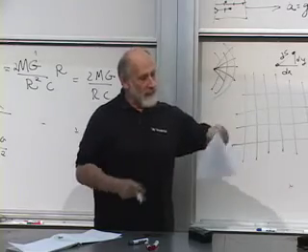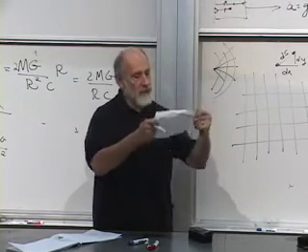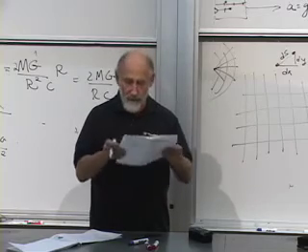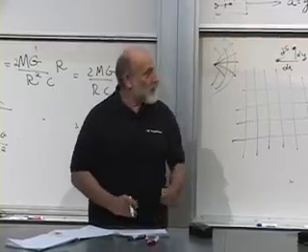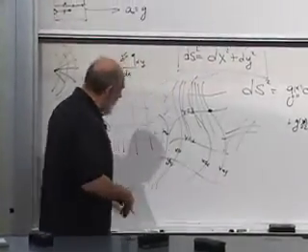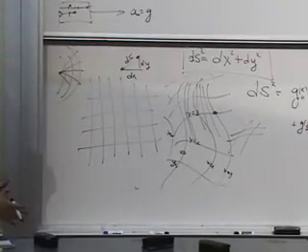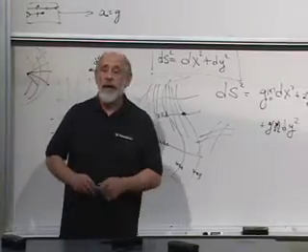At the tip, something funny is going on, but anywhere else you can unwrap it and spread it out on the table. So you can use coordinates on a cone, except for the tip, which look like this. Cones are not flat, but only at the tip. Cylinders are flat. Planes are flat. Spheres are not flat.